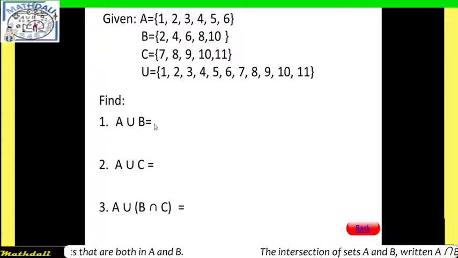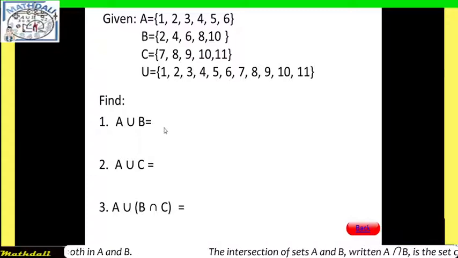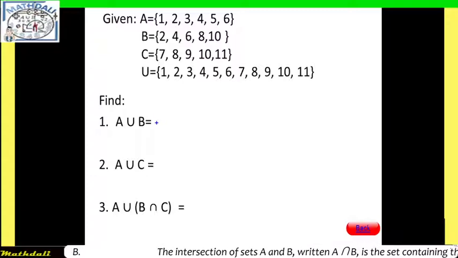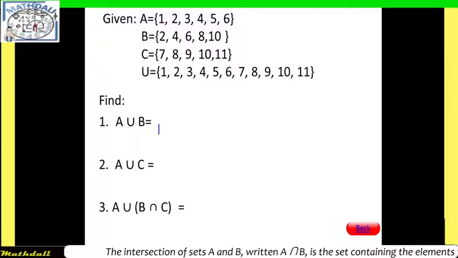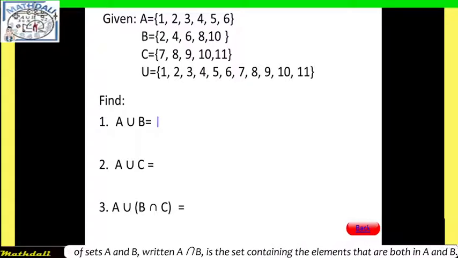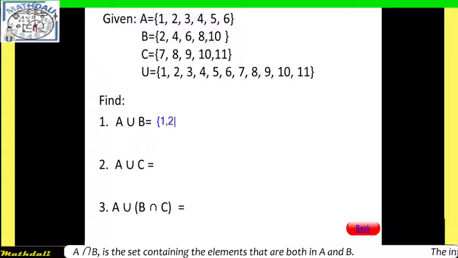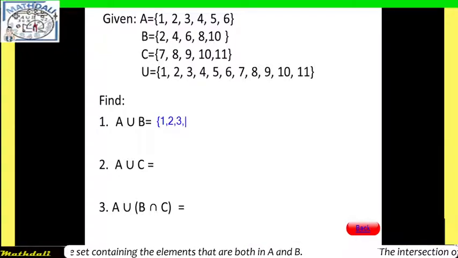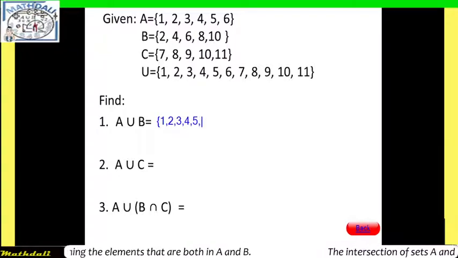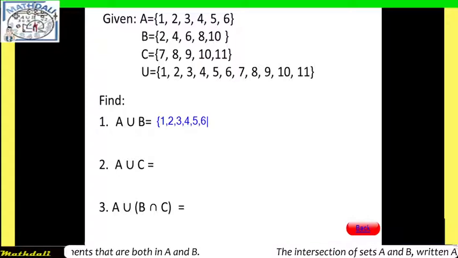So, isa-isayin natin yung mga element. So, let us have A union with set B. Ang set A natin, mayroon tayong mga element: 1, 2, 3, 4, 5, and 6.